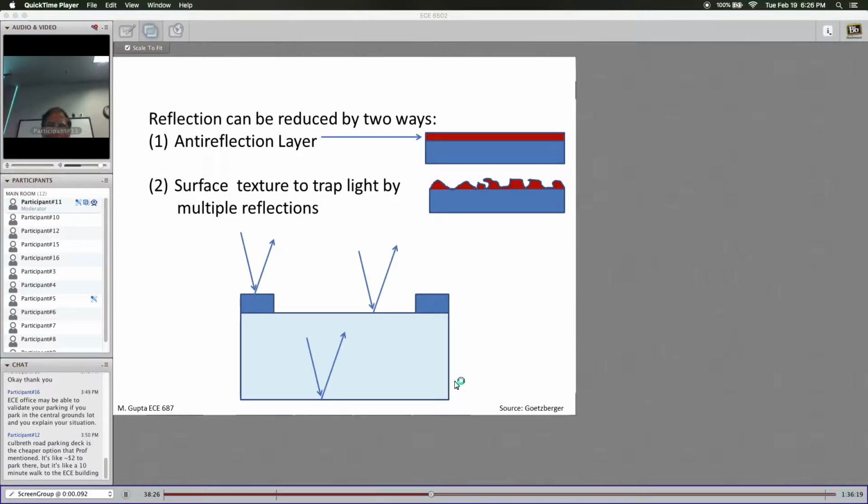So the reflection you have from different surfaces. One is the metal reflecting, but that's only 5% of the area, but that's still highly reflecting.